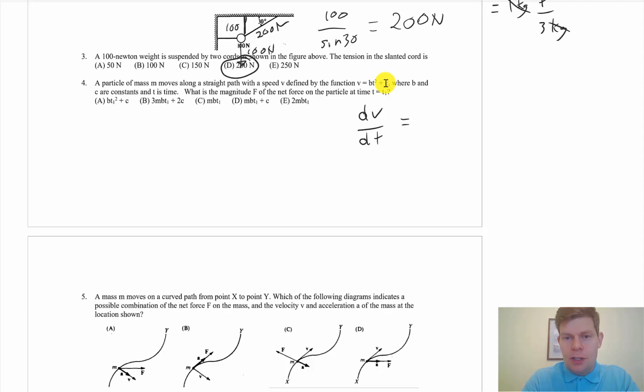Basically, it's going to be 2bt. That would be our acceleration. And f net is just ma, which would be equal to 2mbt1.